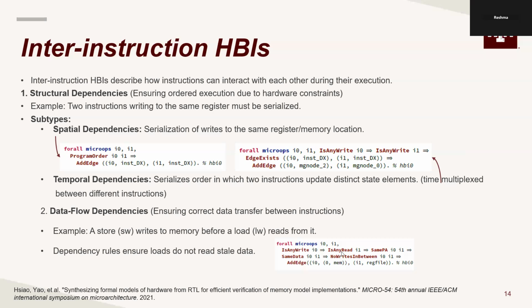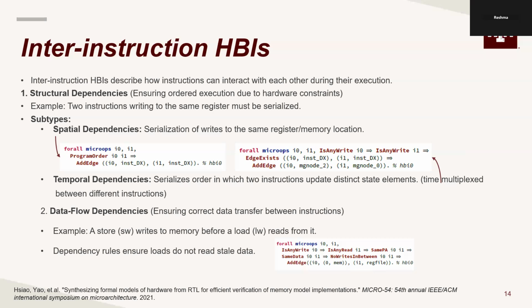In this example, we assert that for all pairs of instructions I0 and I1, where I0 is a memory write and I1 is a read, if both access the same physical memory address with no intervening writes, and I1 reads the value written by I0, then a data flow dependency exists between I0 and I1 via the memory. The importance here is to ensure that loads do not read stale data, and this prevents memory consistency violations. More importantly, it prevents speculative execution from violating the expected data dependencies.